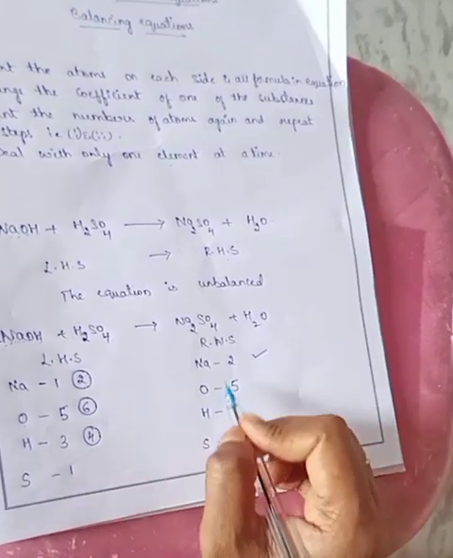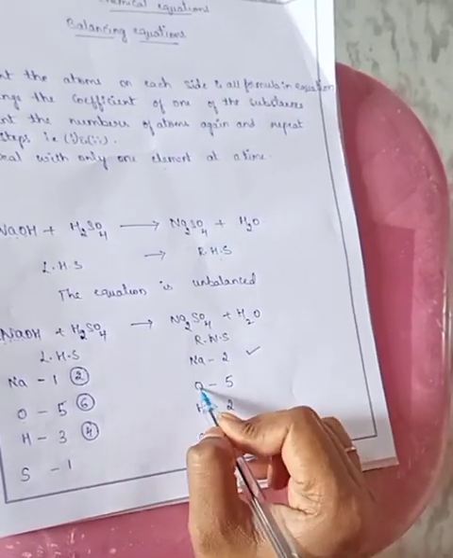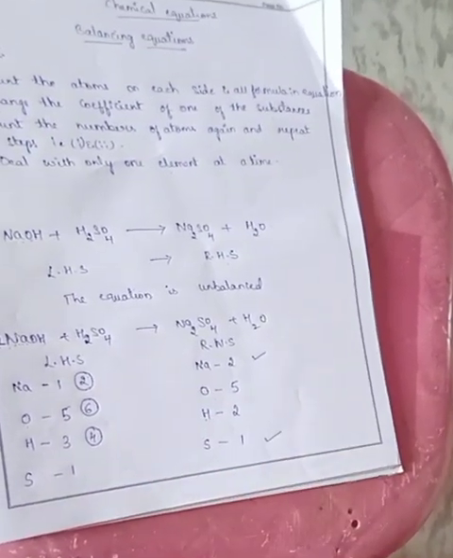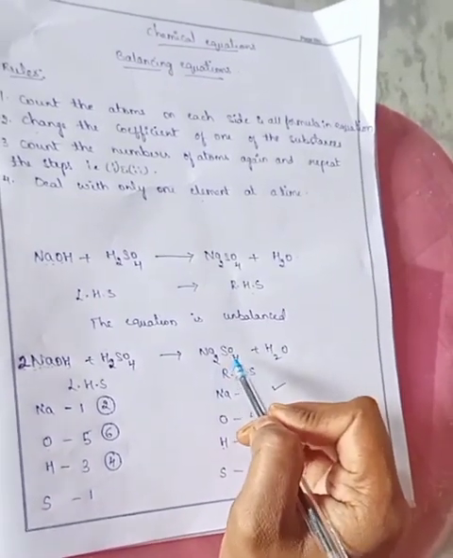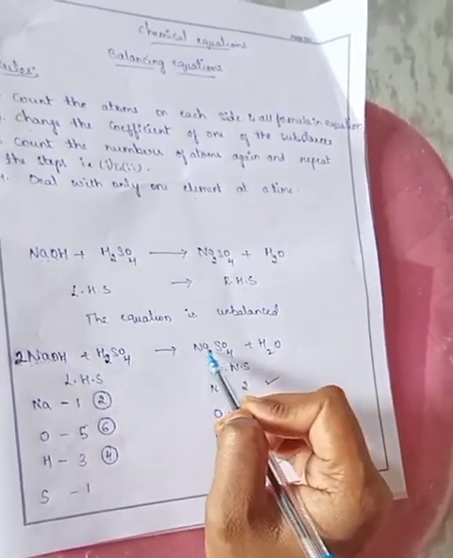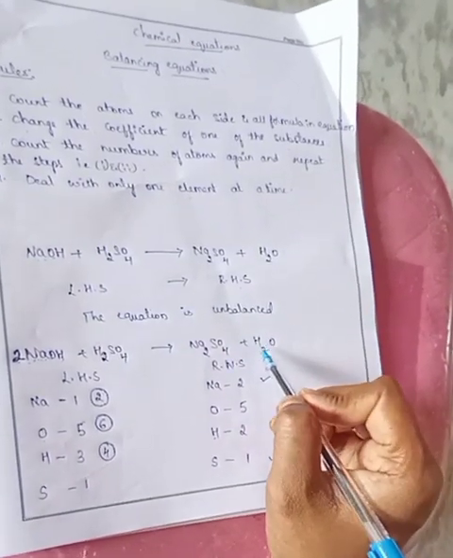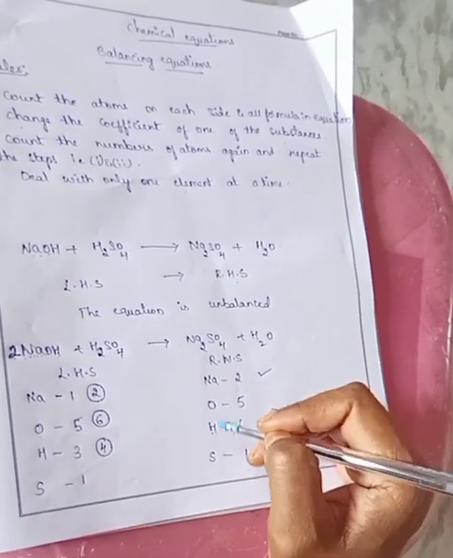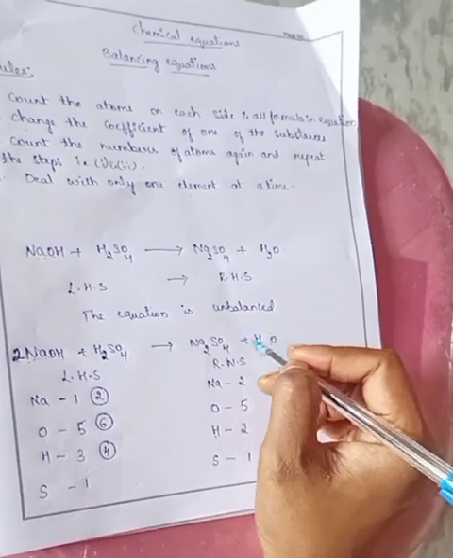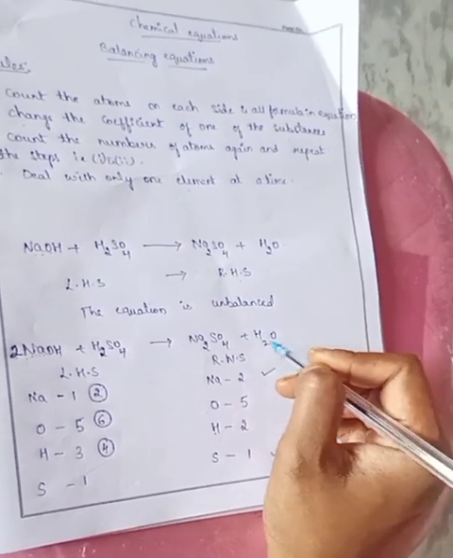Now where do we have to add so that oxygen and hydrogen are balanced? If you add a number here, then you have to change the sodium and sulfur also. So here, if you add, you change only oxygen and hydrogens. This molecule contains the hydrogens and oxygen.